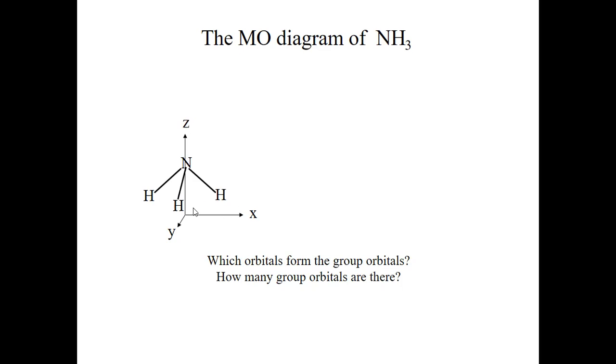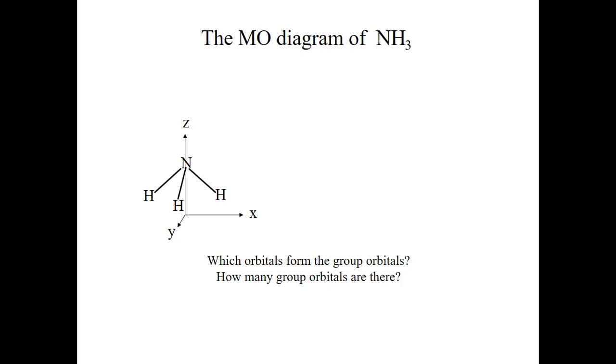Then the xz plane is the paper plane, and the y-axis stands perpendicular. We can orient the NH3 molecule along the z-axis and have one N-H bond, this one here, located in the xz plane. So that defines the coordinate system.